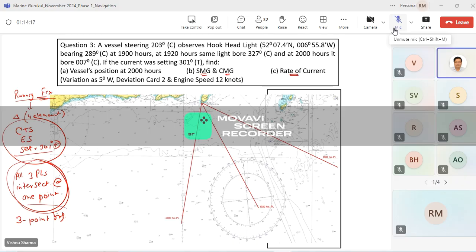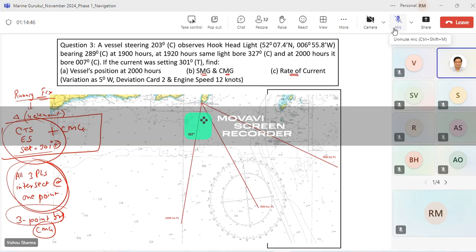And the 3-point bearing method gives you CMG. Once you get CMG, then if I add CMG to these three, I'll have the four elements. And once I have the four elements, it converts into a running fix question thereafter. So guys, what is 3-point bearing?